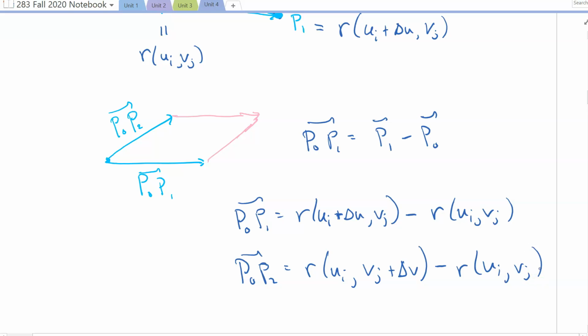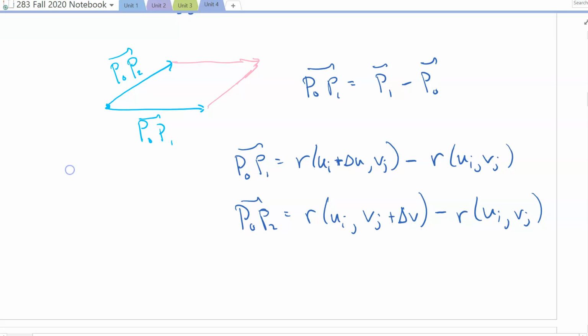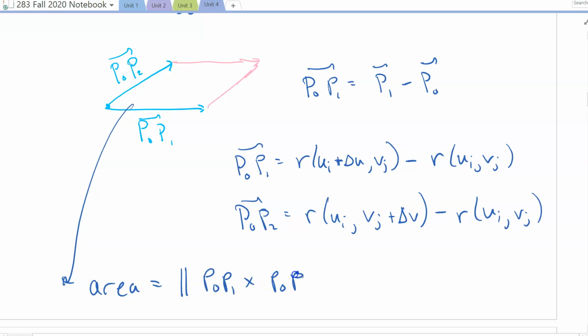Alright, so now what we want to do is use the result that the area of this parallelogram will equal the length of the cross product of these two vectors. Alright, we saw in our previous work this semester that the length of the cross product gives you the area of the parallelogram determined by the vectors that you're taking the cross product of.